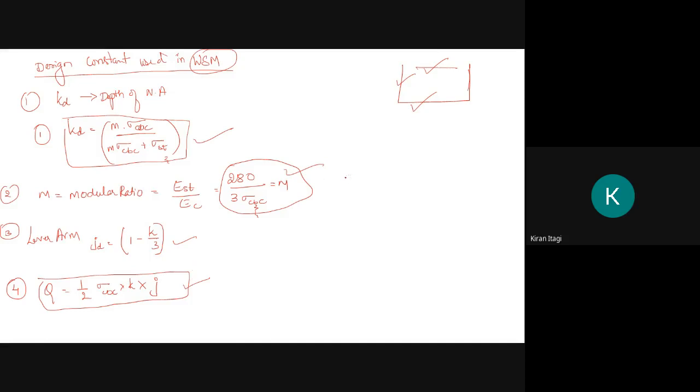And also we have different types of joints, that is, joints in water tanks. The first one is the movement joint.